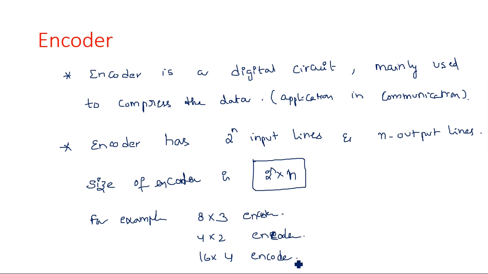Like that we have different types of encoders. Encoder is a digital circuit used to compress the data. Here, 8 bits of information are replaced in terms of 3, 4 bits of information are converted into 2 bits, 16 bits into 4 bits. Like that we have a number of examples.